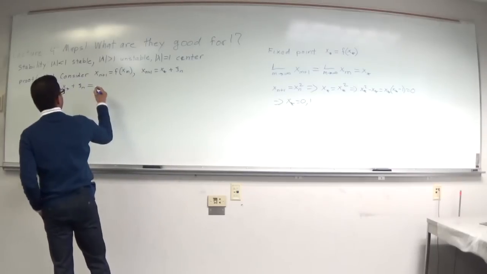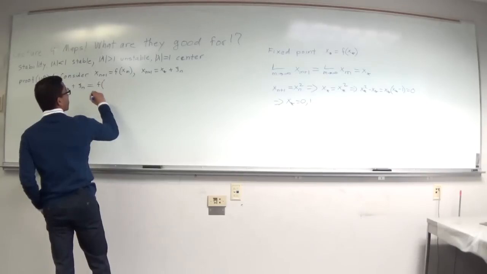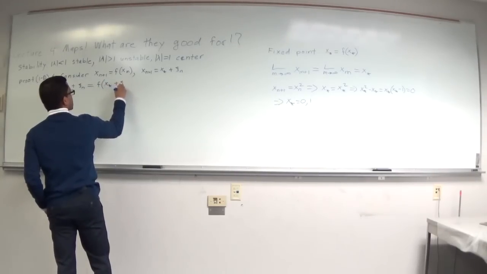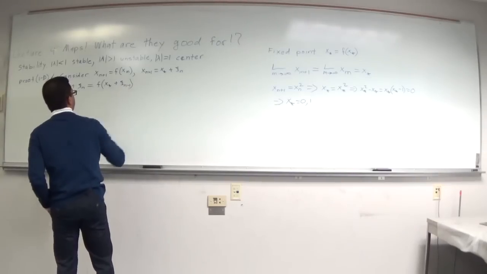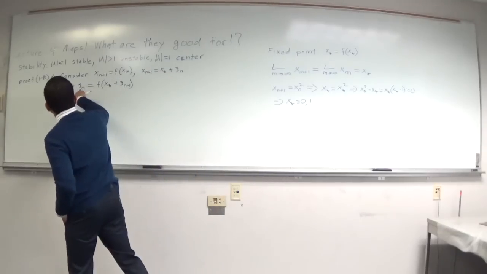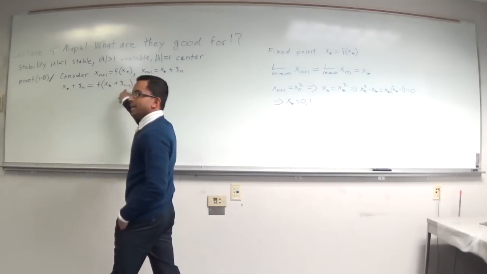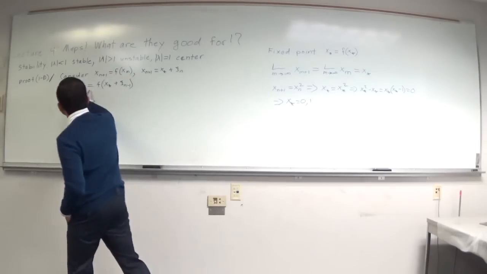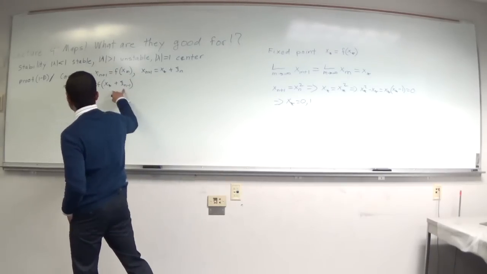So we're going to write f of x star plus c_{n-1}. In the notes I had it as n plus 1 here and n here, but it's the same sort of idea. If you see this in the PDF notes, you'll see n plus 1 here and n over here.